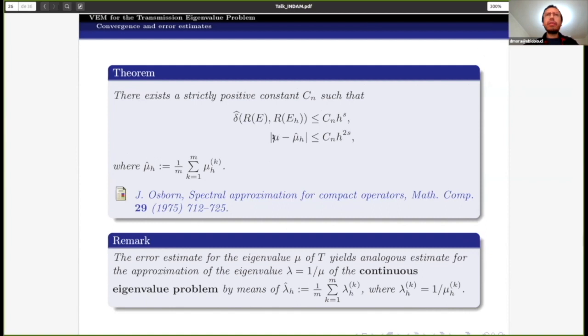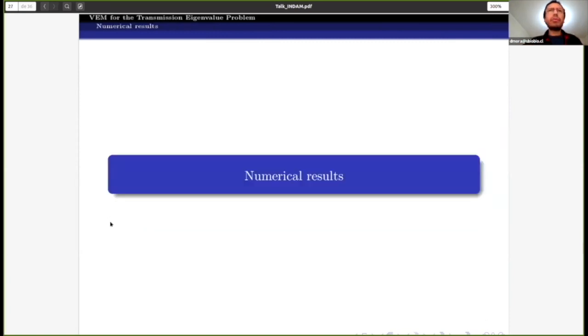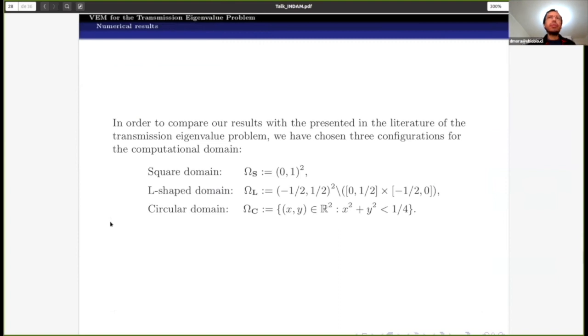Here, mu represents the eigenpairs of the solution operator, but it relates immediately to the solution of the transmission eigenvalue problem, as written in this remark here. Because, as I mentioned before, the solutions are related. Okay, now I go to the numerical results section.